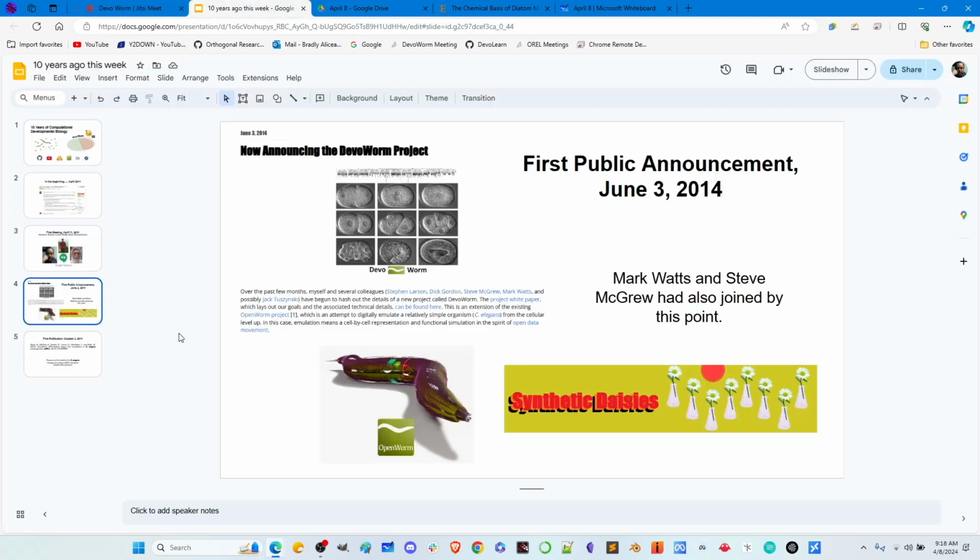So that's the public announcement. By then, we had Mark Watts, who was a senior contributor at OpenWorm. I think he quit OpenWorm a while back, but he worked on a lot of modeling, building data structures and working in Python. And then Steve McGrew, who sadly has passed away by now, also joined the group.